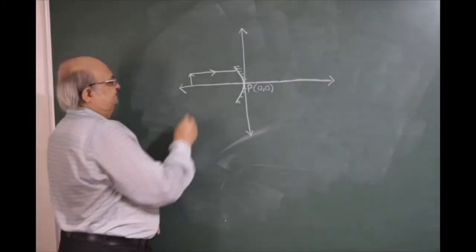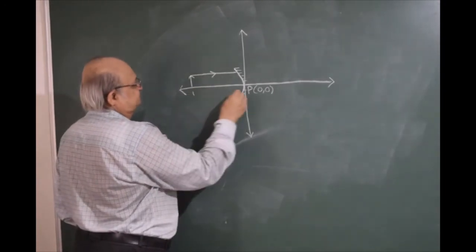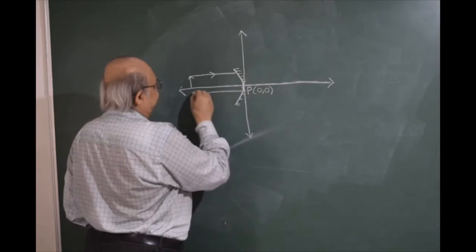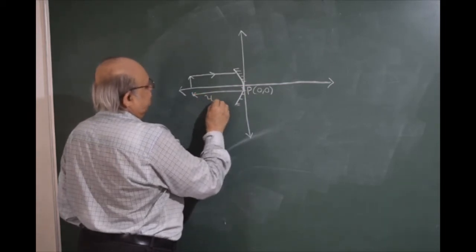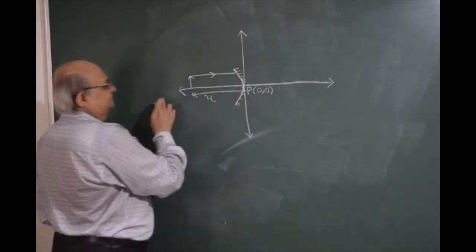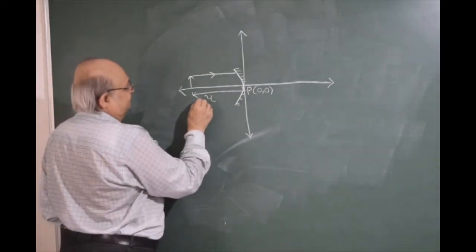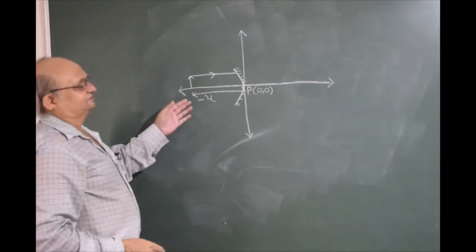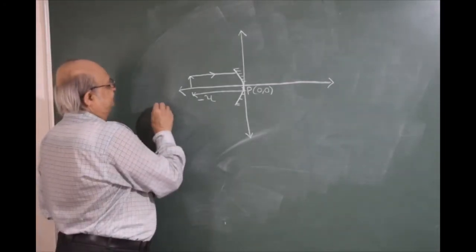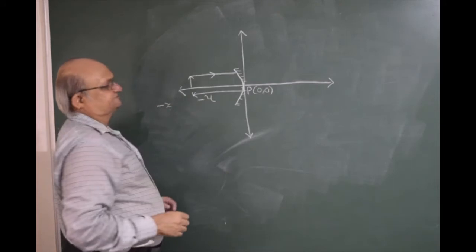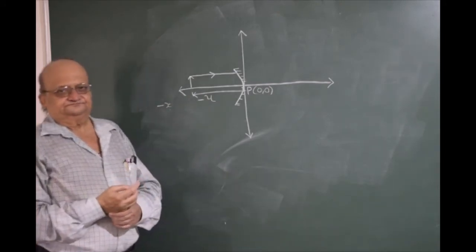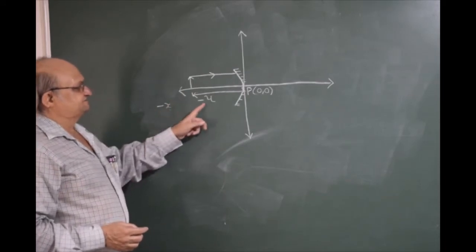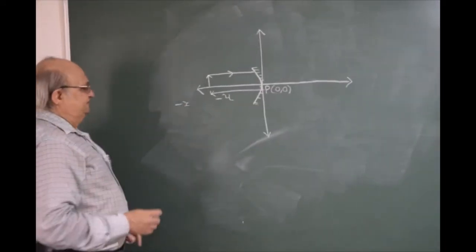Then this object distance u will be measured on the negative side, and therefore it will be minus u. Remember, on this side we have the negative x axis. So because we are measuring the distance on the negative x axis, our u will be negative.